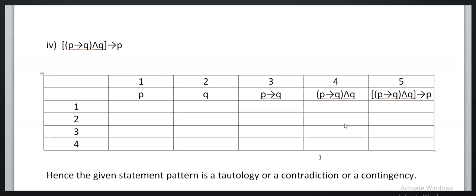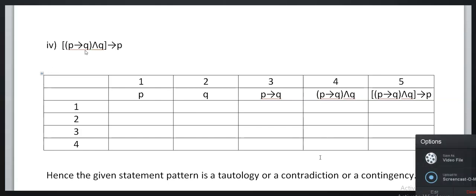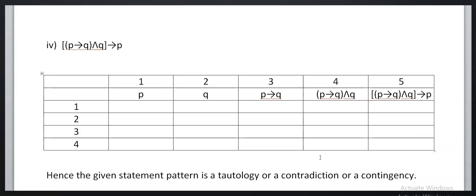Next is this statement we have been given, that is P implies Q and Q implies P. First P, Q, P implies Q, then find the AND statement with Q, and fourth implies P. Now first write down double T double F. Next is TF.